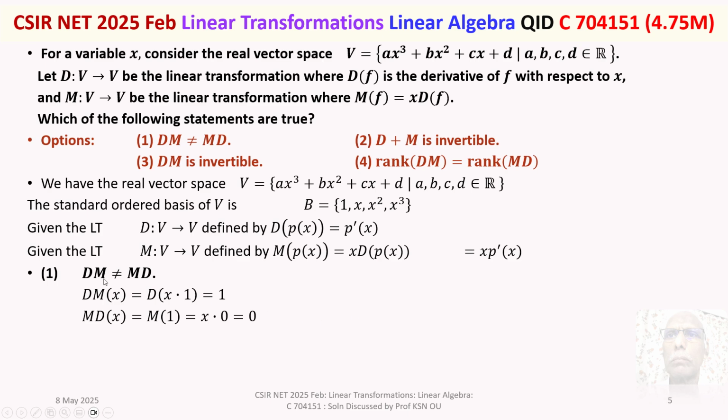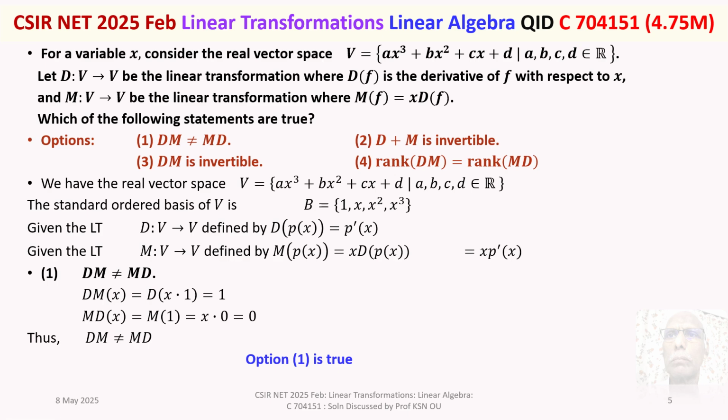Therefore, DM is not equal to MD. If DM is equal to MD, DM of p of x is equal to MD of p of x for all p of x belonging to V. But it is not so. So, now option 1 is true.